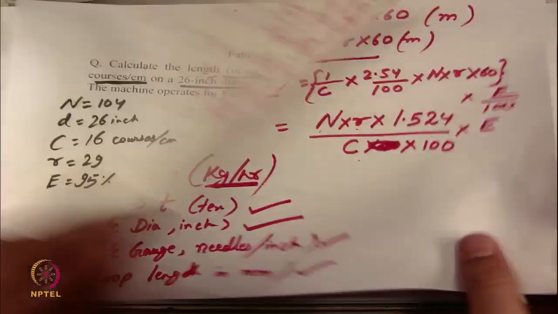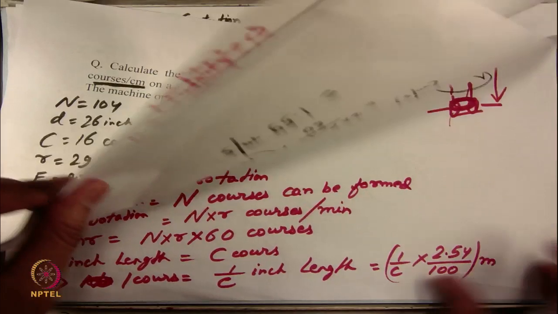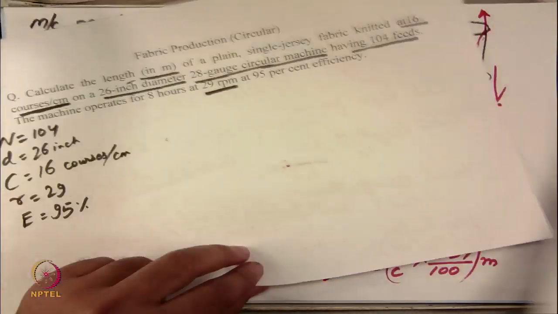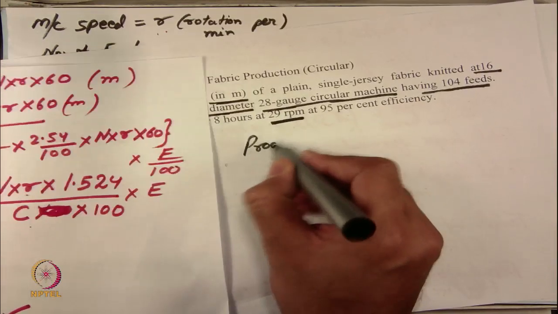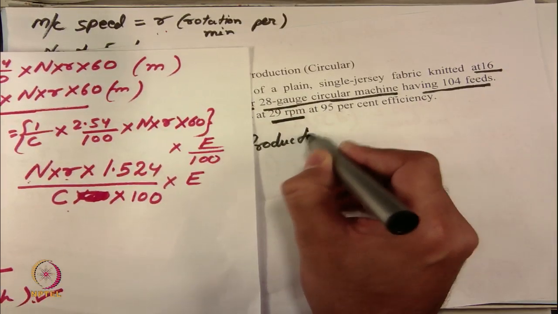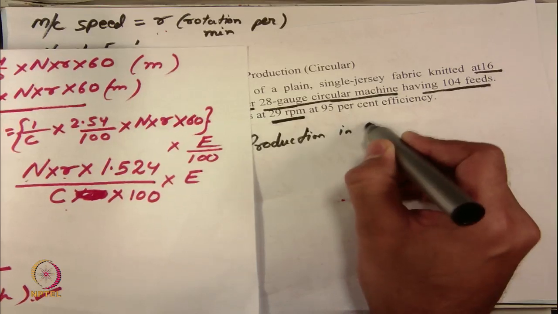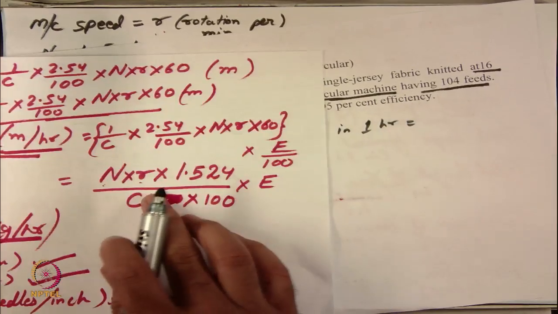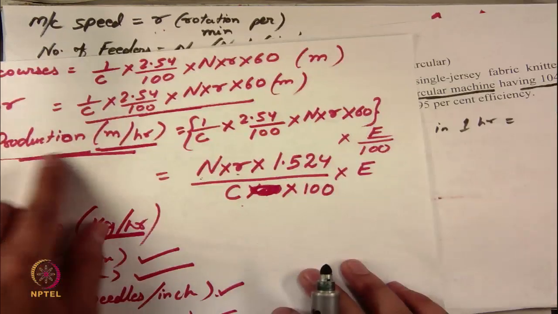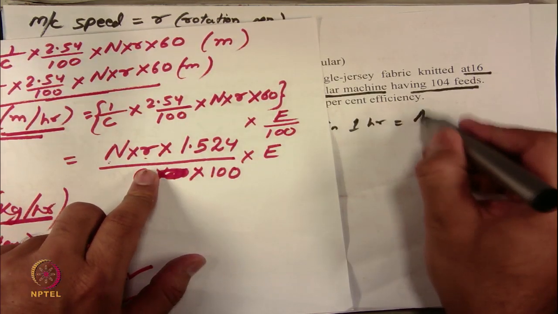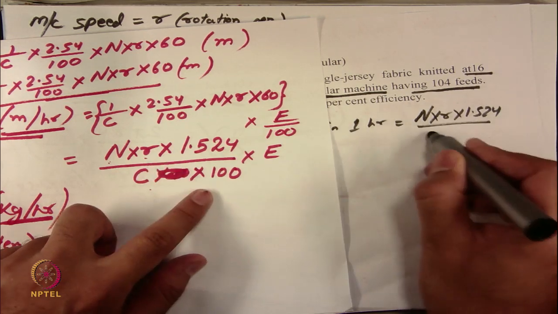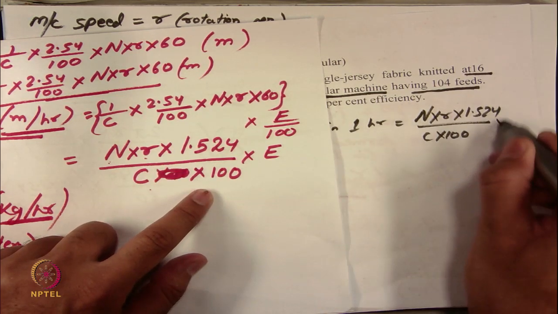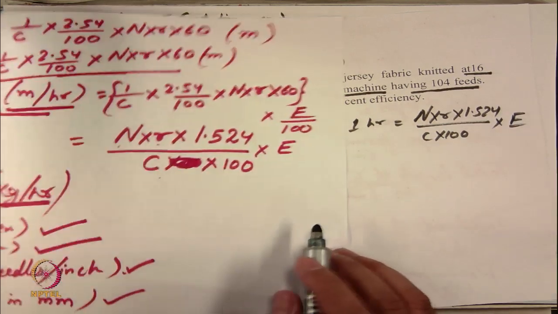You can directly use the formula. This is the formula. So, production in 1 hour, this is the total production in meter per hour. So, N into R into 1.524 C into 100 into E. Okay.